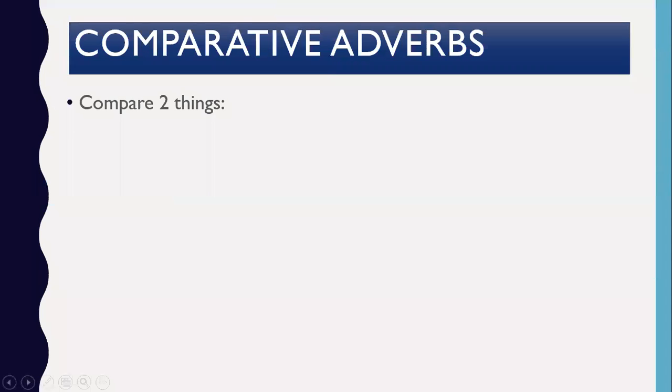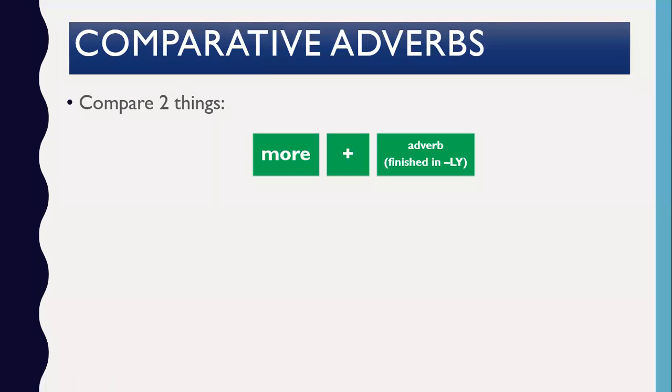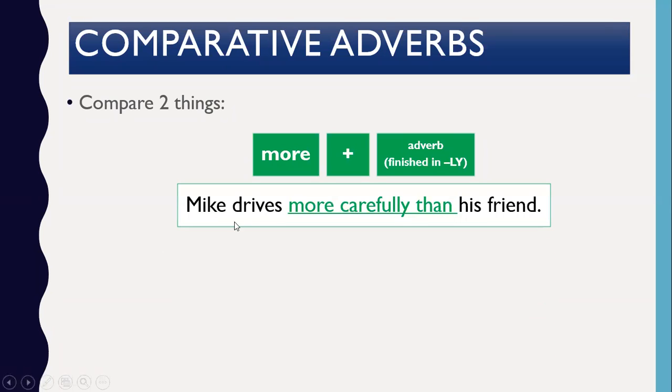The similar thing is that it compares two things, of course. Membandingkan dua hal, right? Comparing two things. We use more and then an adverb finishing in ly. Example: Mike drives more carefully than his friend.